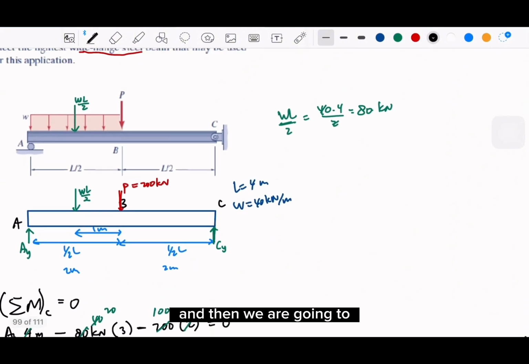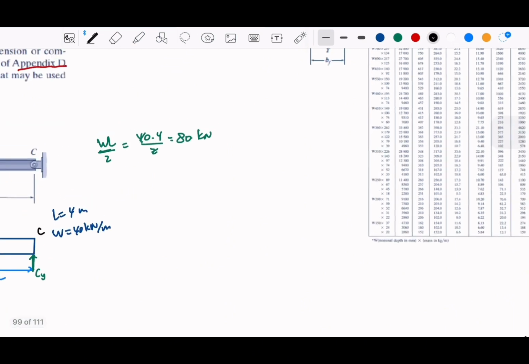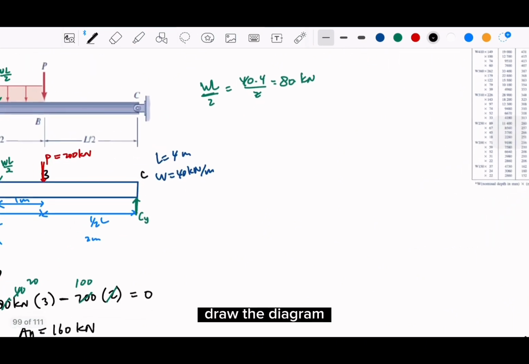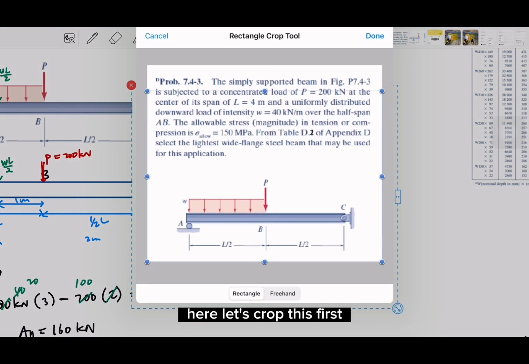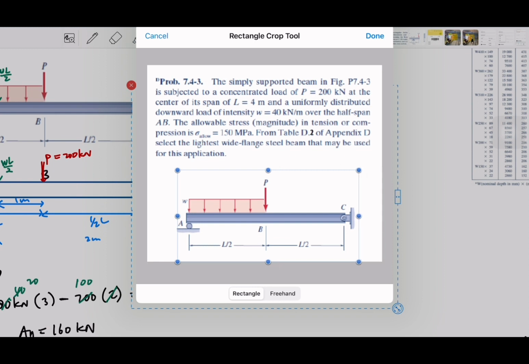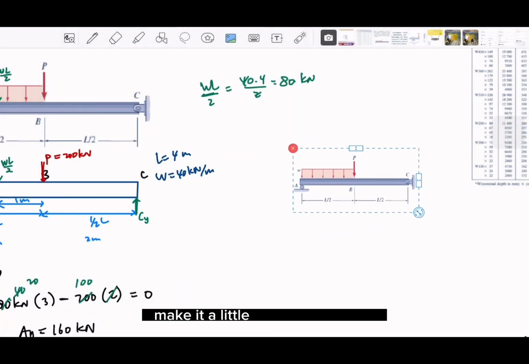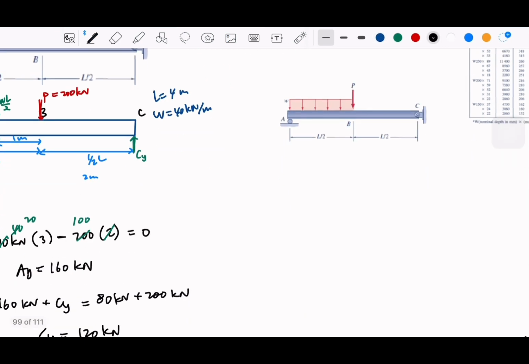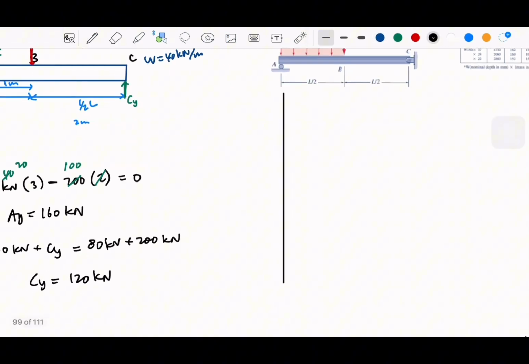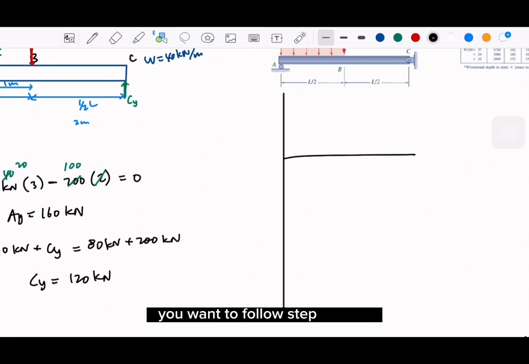And then we are going to draw the diagram. So let me put another diagram here. Let's crop this first, make it a little bit small. I will draw directly. If you want to follow step by step, you can go back to chapter 6 to see how we get the diagram.